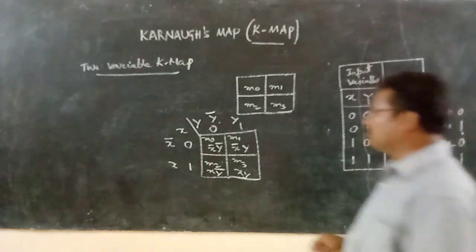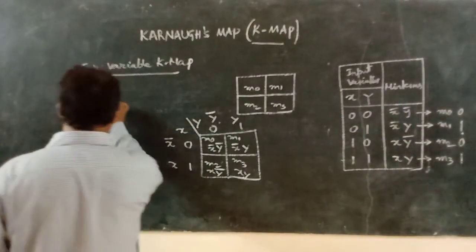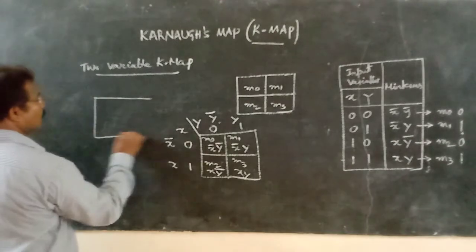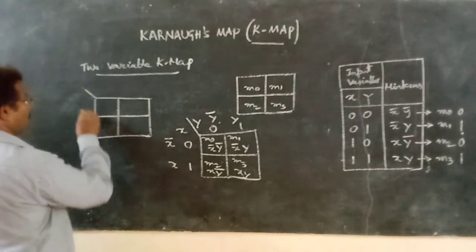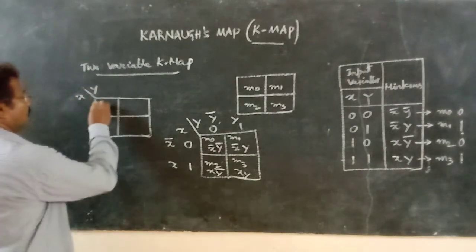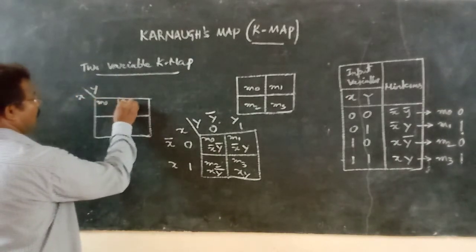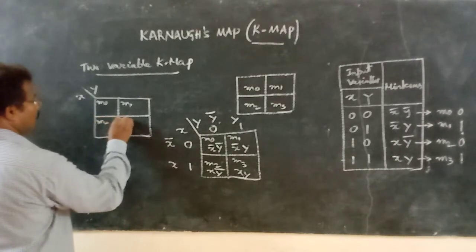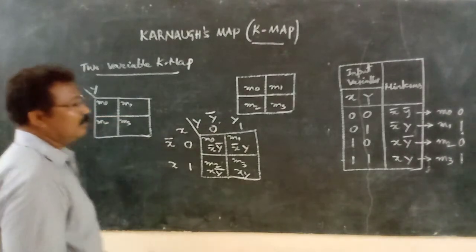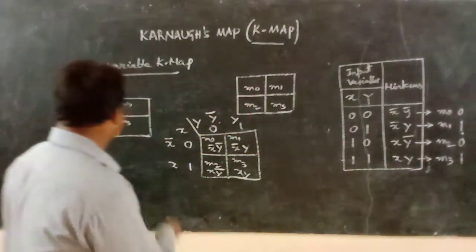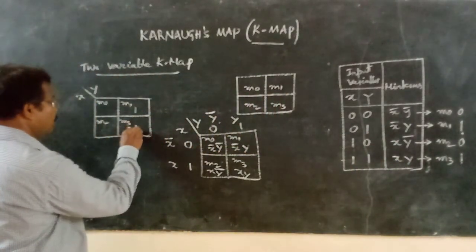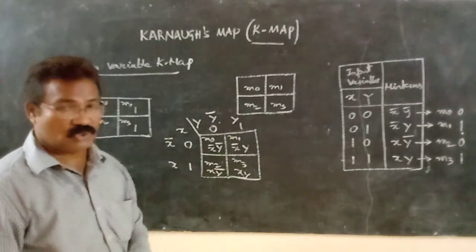So for example, x, y, m0, m1, m2, m3. Here, what is the output? m1 and m3 are 1. The remaining are 0.